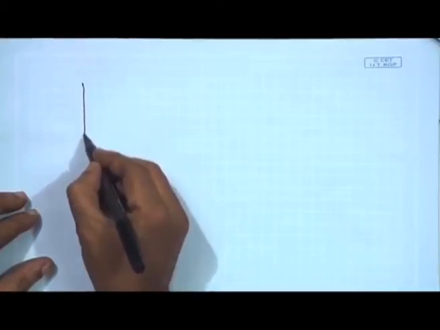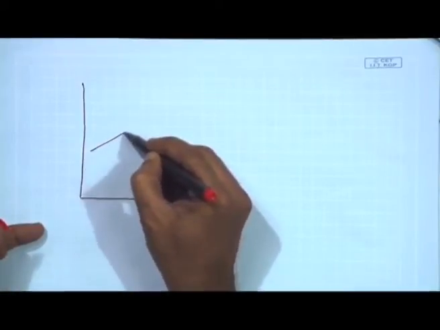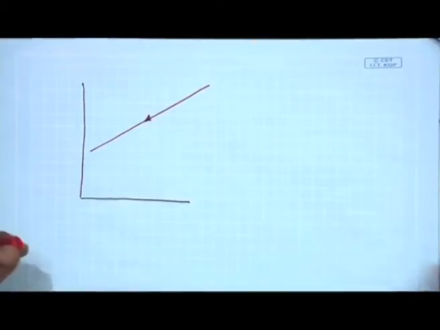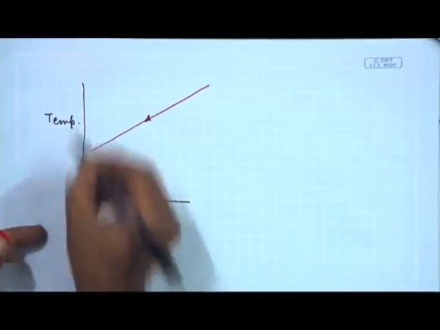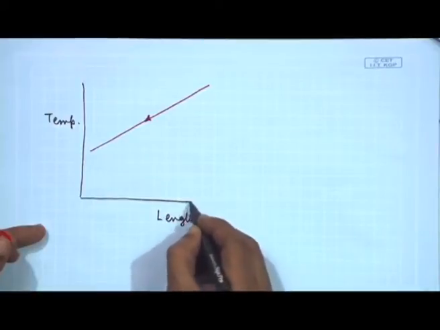I have shown this idealized diagram, if you recall. This is the way hot gas is losing its temperature. This side is your temperature, and let us say this side is the length of the HRSG.